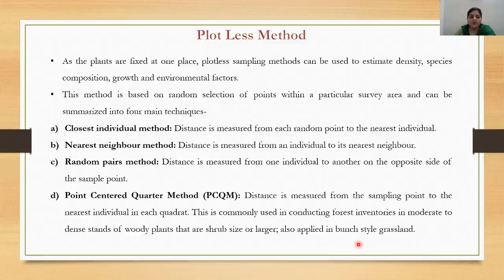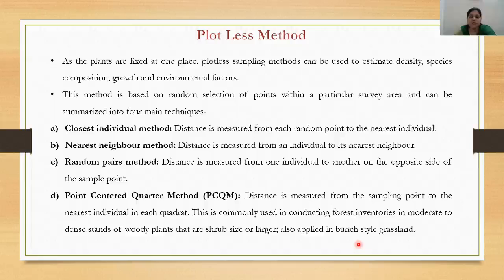Out of these, the first one is the closest individual method. In this method, the distance is measured from one random point to the nearest individual. Any random point is selected, and from that point the distance to its nearest individual is measured.